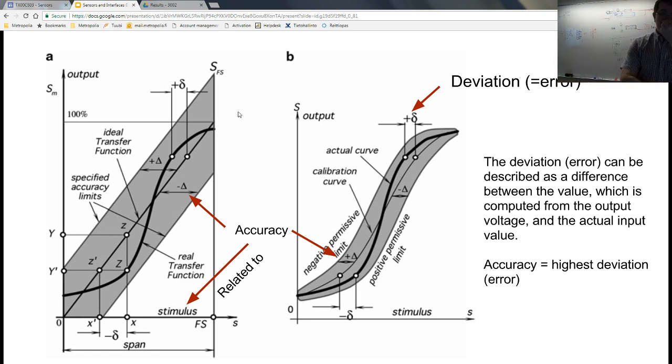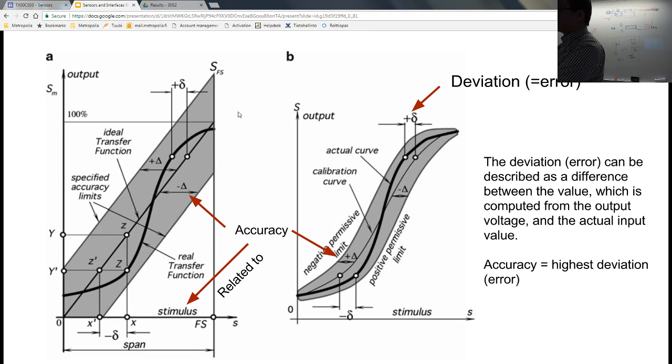Okay, more pictures. The deviation, or earlier it was thought of as an error. The deviation is, especially on the calibration, always the difference between the true value and this estimate value.